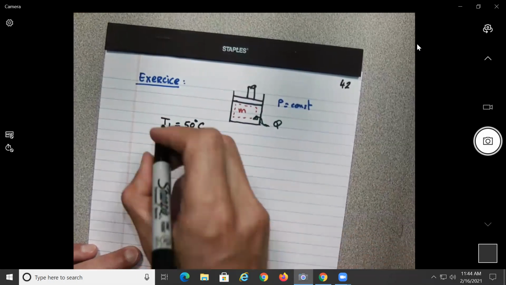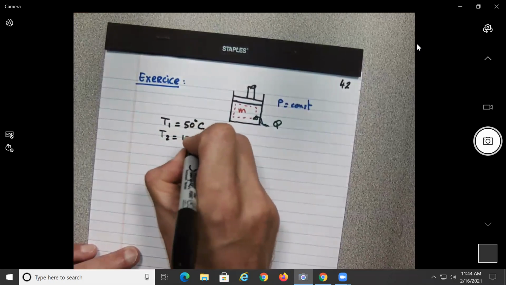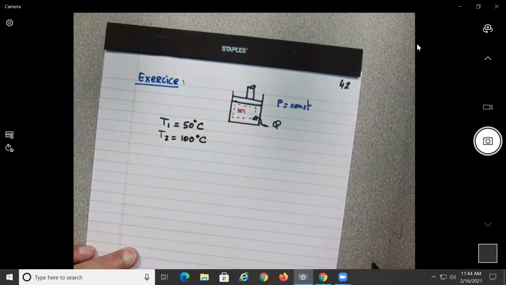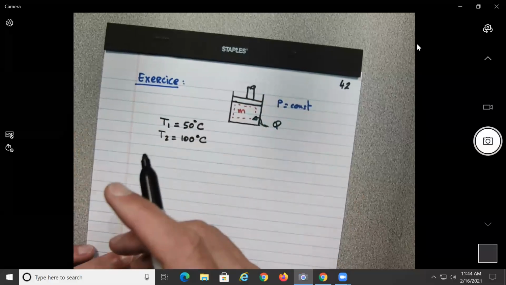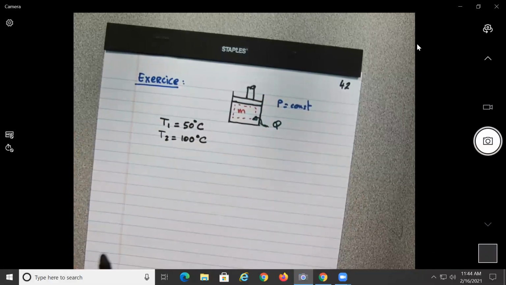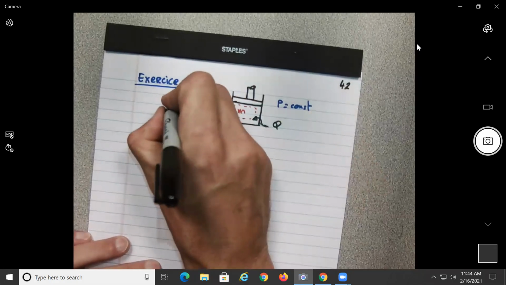You add the heat, and at the end, T2 is equal to 100 degrees Celsius. And you are dealing with an ideal gas.